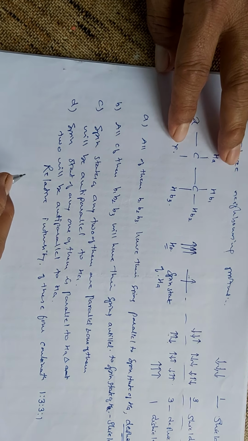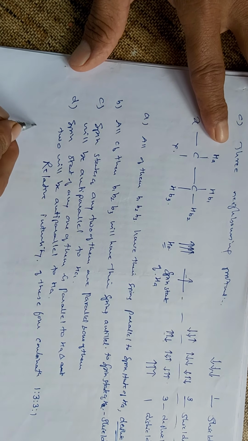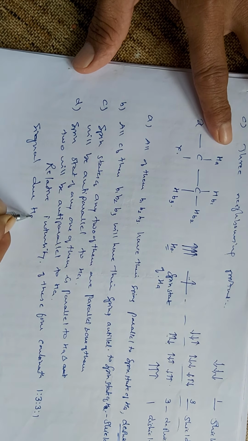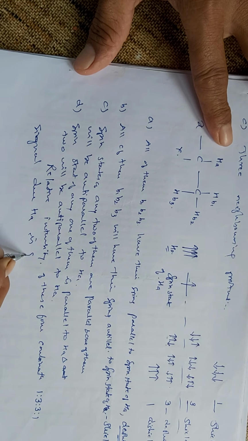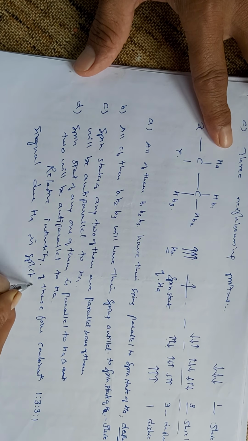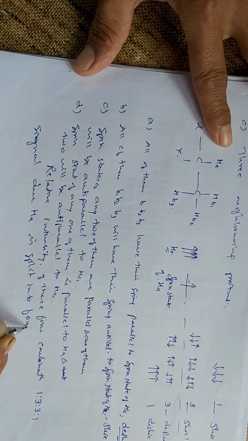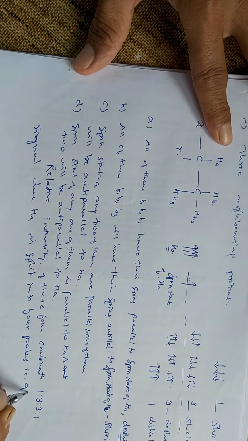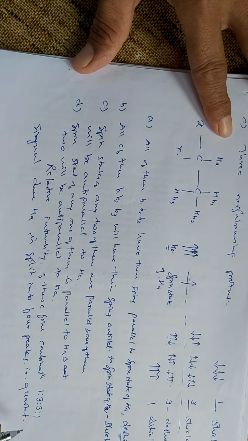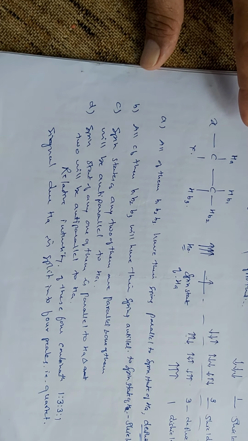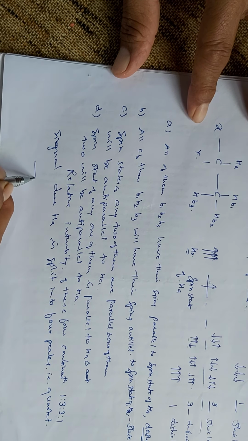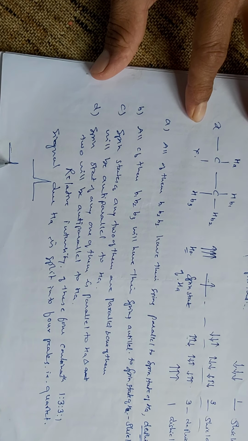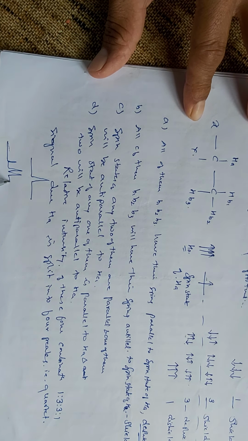And so the signal due to HA is split into four peaks, that is a quartet, with relative intensities 1 is to 3 is to 3 is to 1.